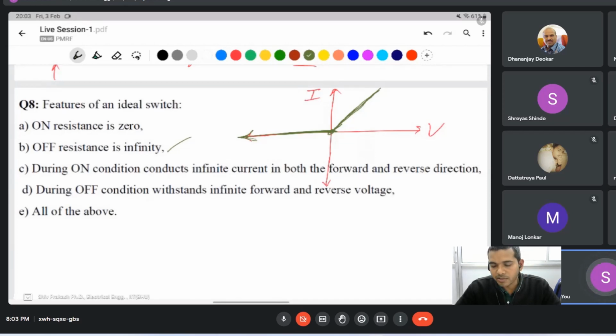It will not turn on at all. But in practical cases, it's not possible. In practical cases, switches have a limited blocking capability up to some voltage. Like if you know about the thyristor, it has a maximum voltage blocking capability.